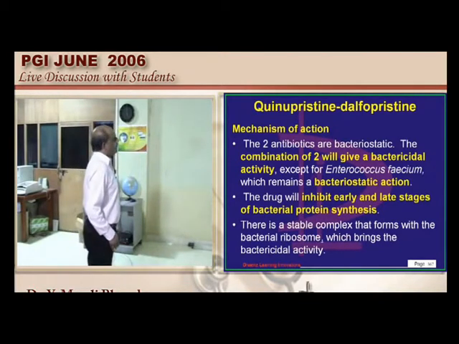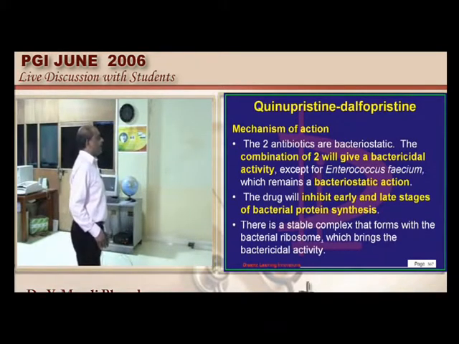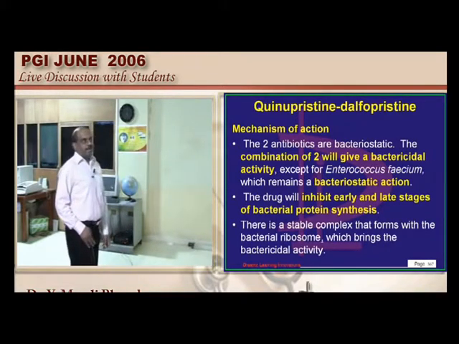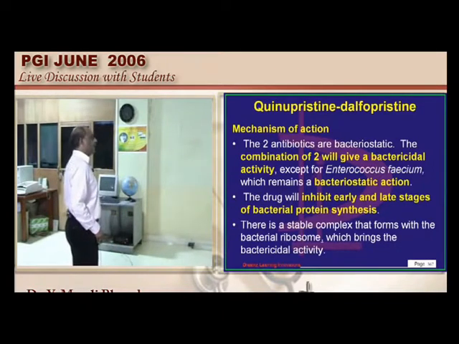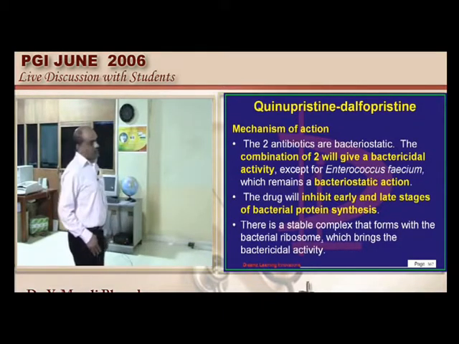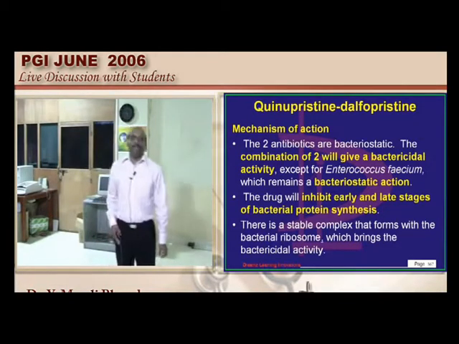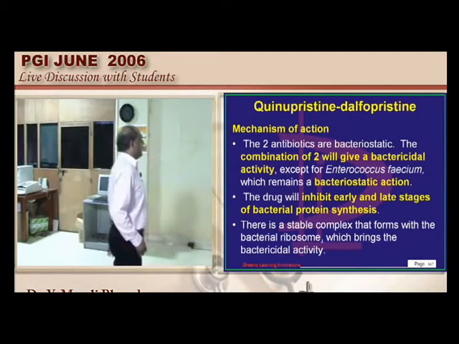Then quinupristin and dalfopristin are the two wonderful musician brothers. Both are bacteriostatic, but combined they act like bactericidal, except on Enterococcus. They can't act bactericidal against it; it remains bacteriostatic. It is once more the protein synthesis level which is being inhibited by this important group of drugs.